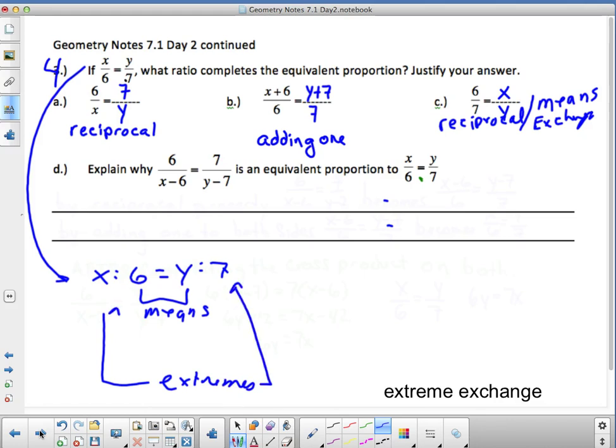So in this case, if I let x and 7 switch, that's the extremes exchange property. Does that make sense? It's as straightforward as I just switched the extremes positions, okay? And that's why we named the property that way.